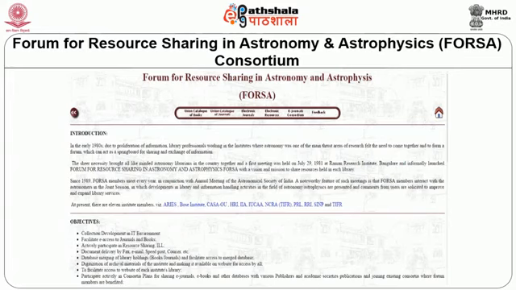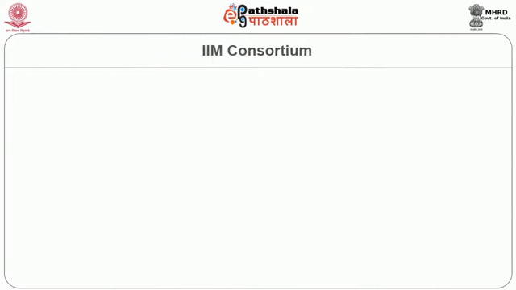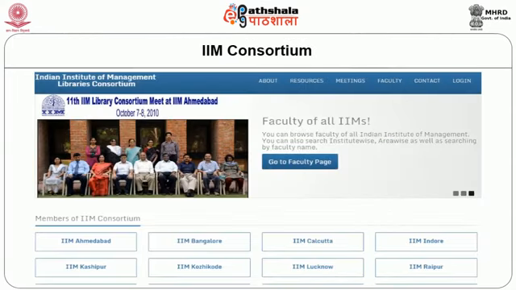URMED e-Journal Consortium has 98 members, including ICMR, DGHS, AIIMS, NTR health universities and government medical colleges, institutions across the country. Currently, the consortium is not operational. DRDO e-Journal Consortium.